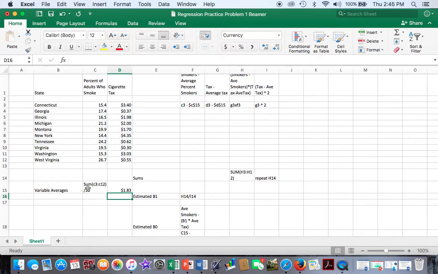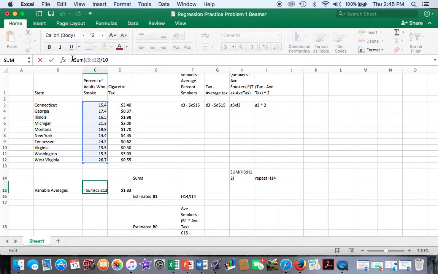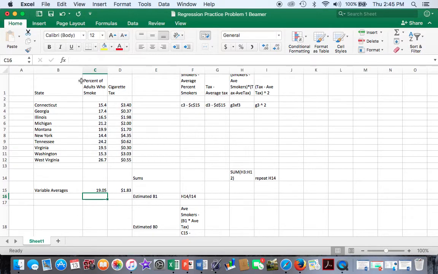You can use the average function if you want. So on average, 19.05% of adults smoke, and the average cigarette tax is approximately $1.83.